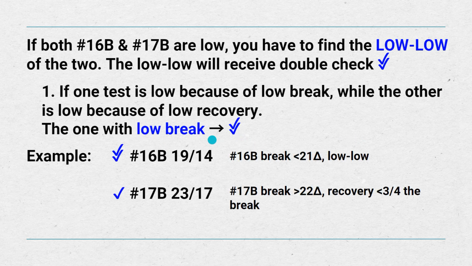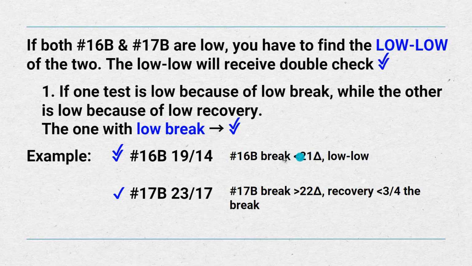So, for example, kining 16B is 19 over 14. Nga nung i-consider siya na low is because ubos iya break sa expected nga 21. Ang sa 17B naman is kuan siya low recovery because higher iya break pero iya recovery is lesser than the 3/4 of the break.